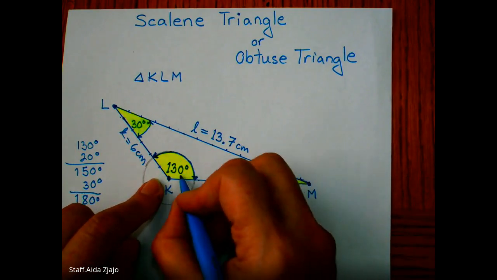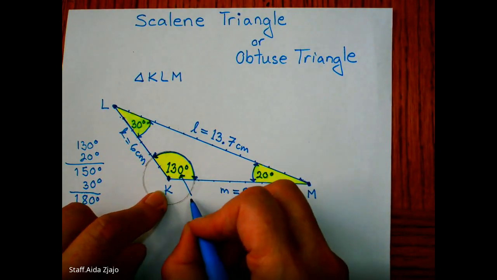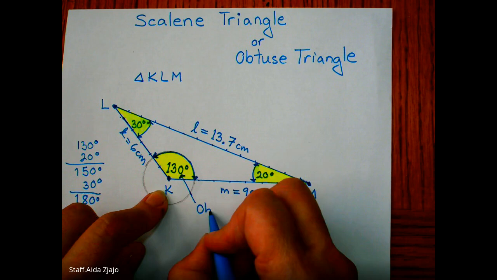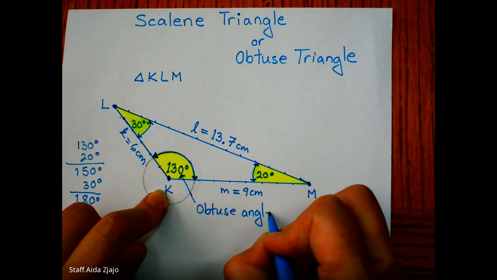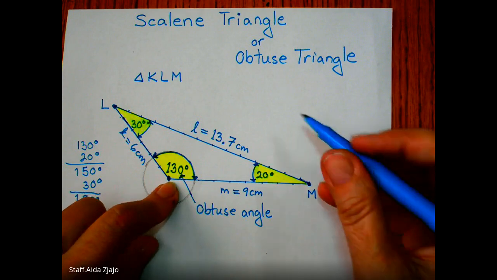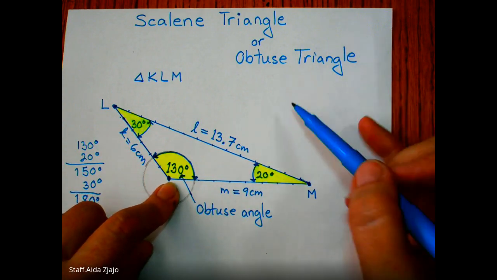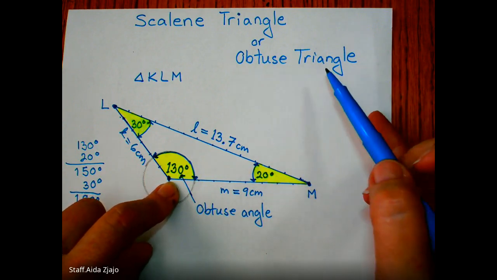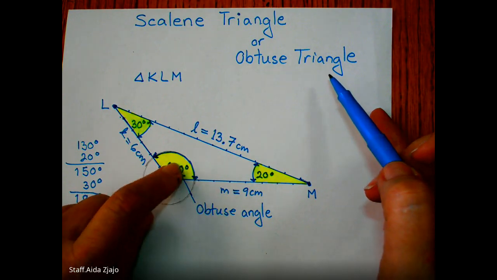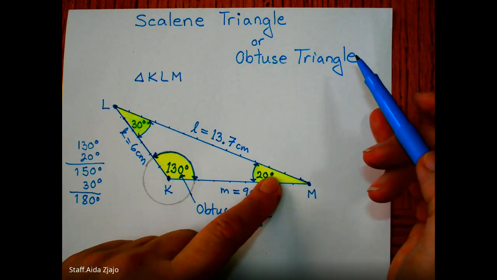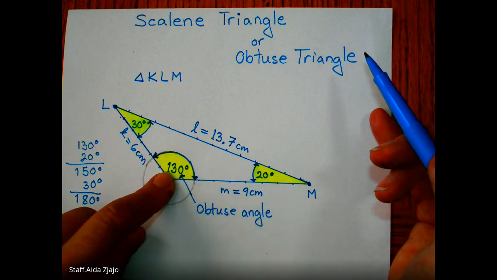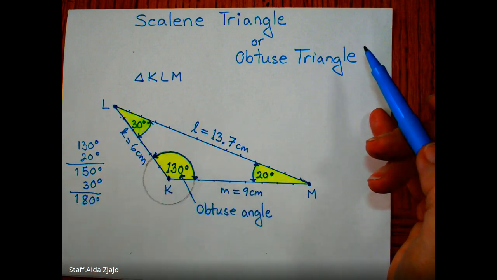We can label the obtuse angle. So a scalene triangle can also be called an obtuse triangle because it has one obtuse angle. These two are acute, less than 90 degrees, and this one is more than 90 degrees, and it's called obtuse.